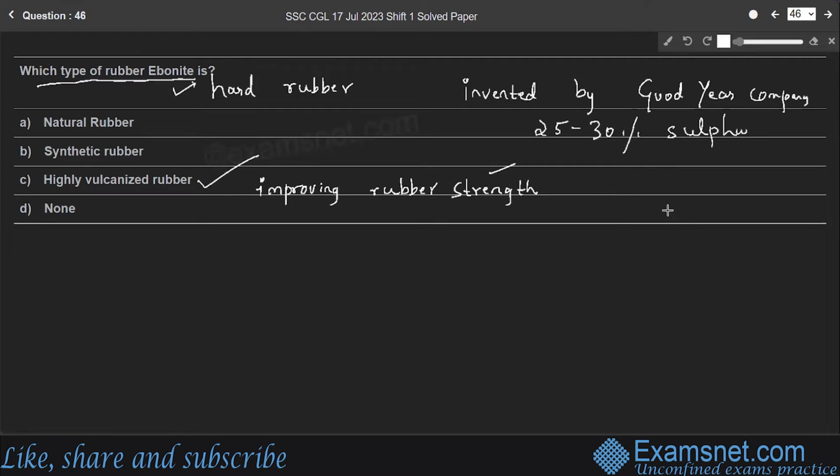So it is done by heating rubber with sulfur, right? So vulcanization is done by heating rubber with sulfur. Therefore, it contains 25 to 30% sulfur, right? Therefore, the type of rubber, ebonite, is a highly vulcanized rubber or hard rubber.